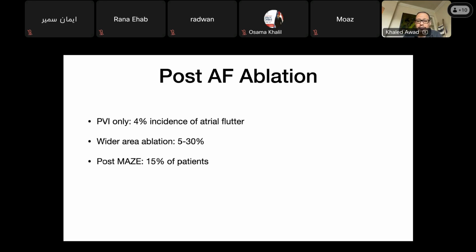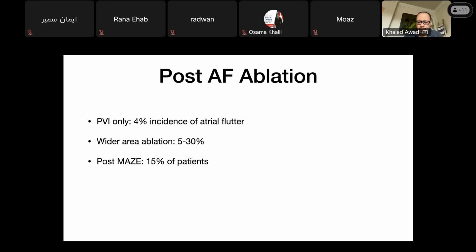If we did a wider ablation, which, there is a very specific paper that described that, it goes up to 30% of patients can have atypical flutter, so that incidence goes up. If you look at post-Maze patients, so surgical ablation patients, especially the ones who had full Maze lesion set, 15% of those patients end up with atrial flutter.